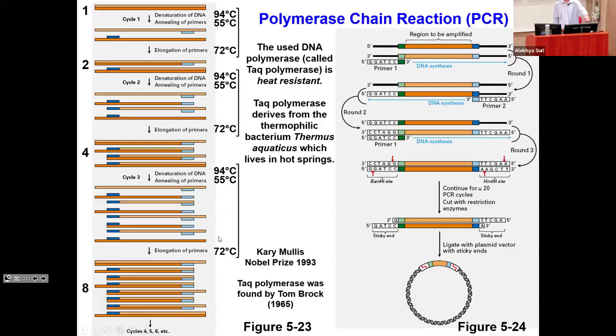Okay, so to repeat this, you have a temperature where you separate the strands, creating single-strand DNA. Then you anneal, it's called the annealing step. The primers, the little oligos, would look for homology on the single-strand DNA, and you use 2 primers, as you can see.